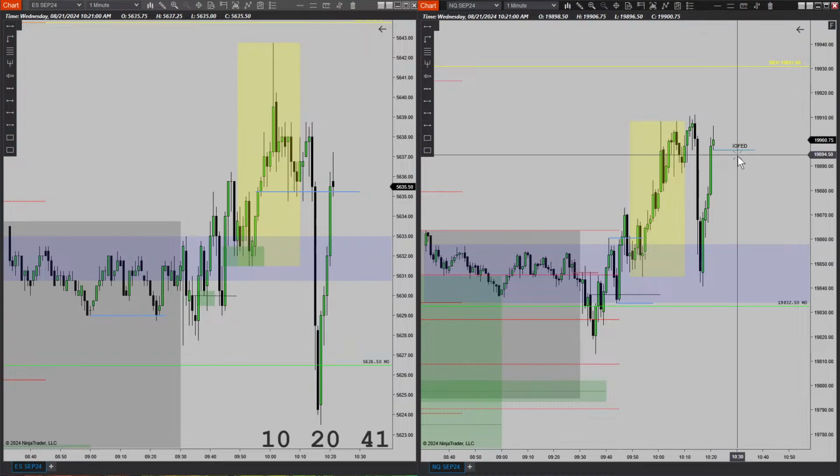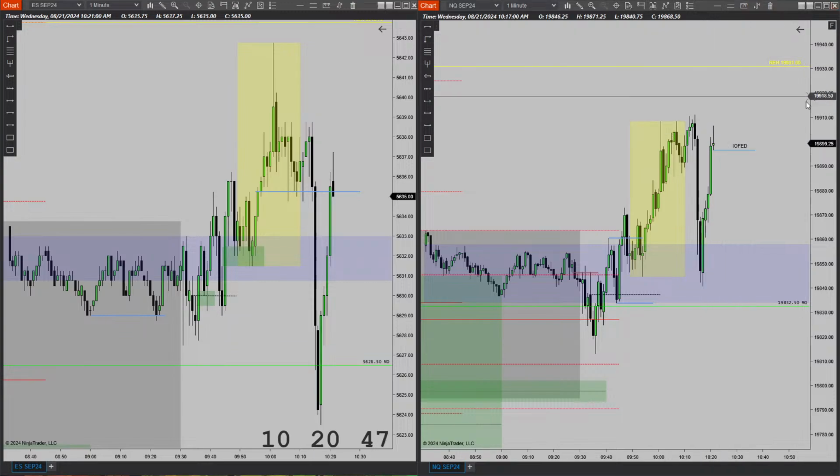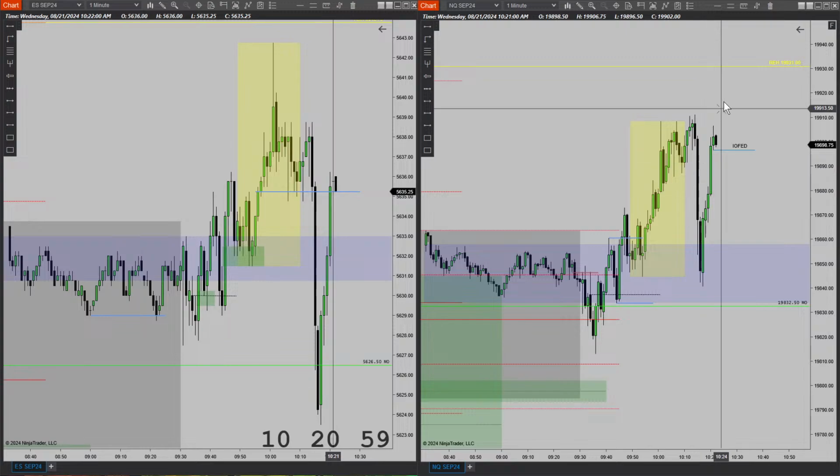If that happens, then on the third candle afterwards, I will look to jump in. Consolidation, manipulation, expansion.